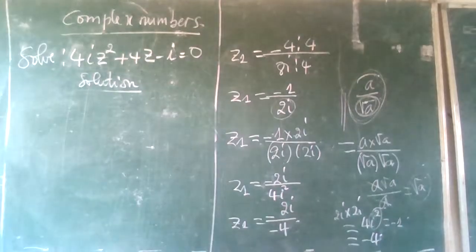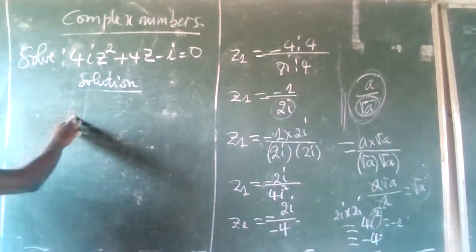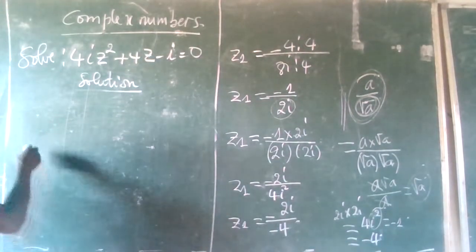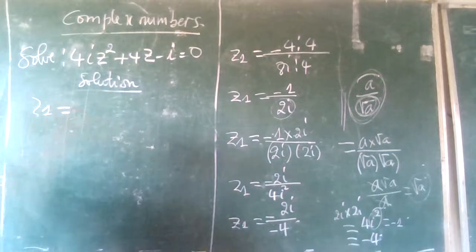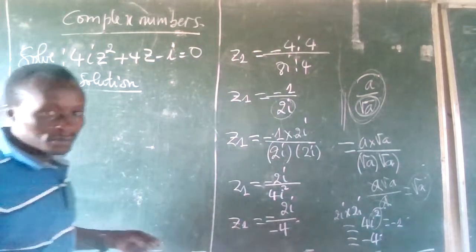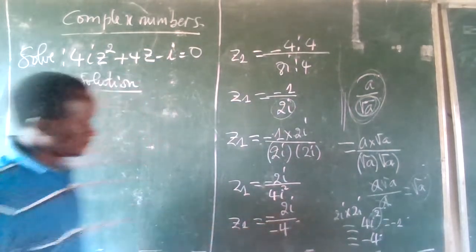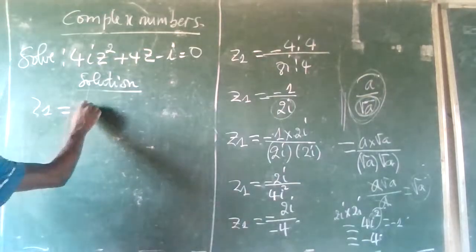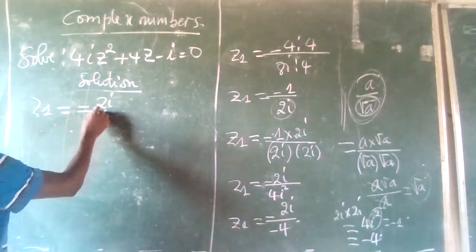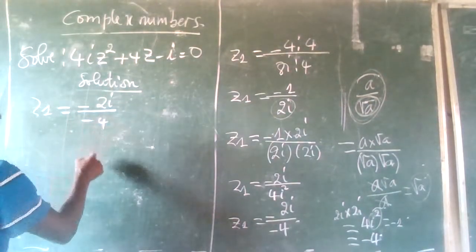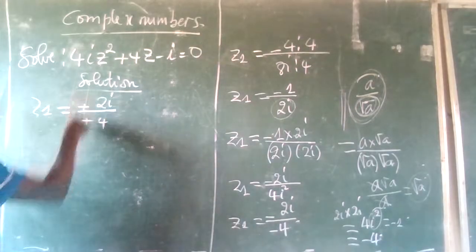That is Z1, which is, we are going to simplify, minus 2i over minus 4. Now simplify this.